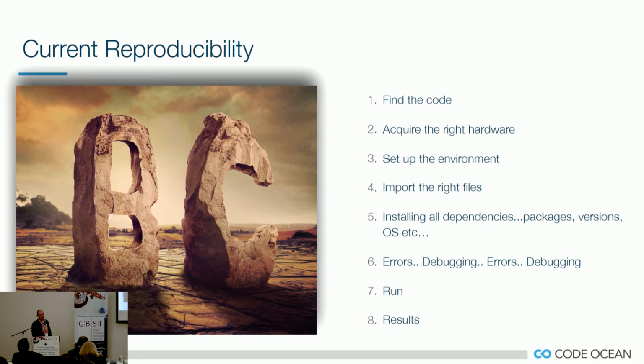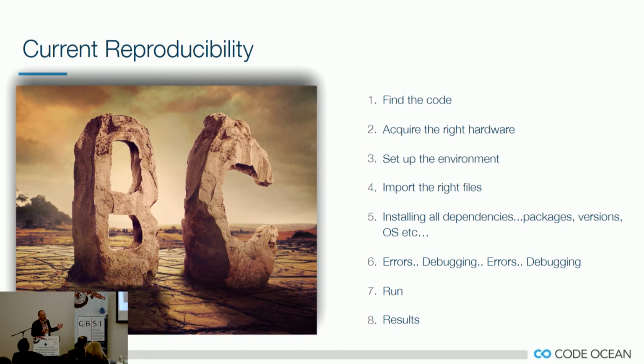And then after you set up the whole environment, you need to have the right files. I remember taking a research project's code that was hundreds of files, and only 10 files were actually the ones you had to use for this algorithm. So find the right code files, install, debug, it takes forever.